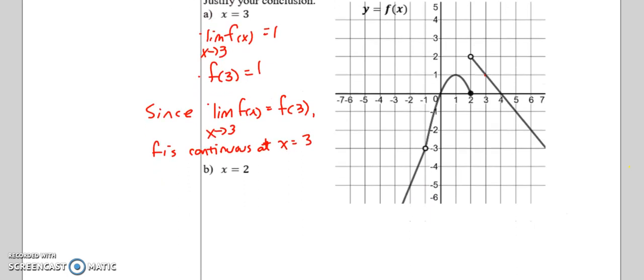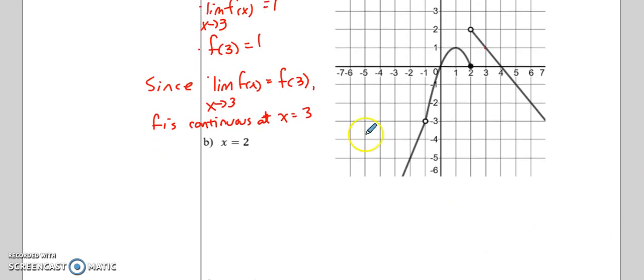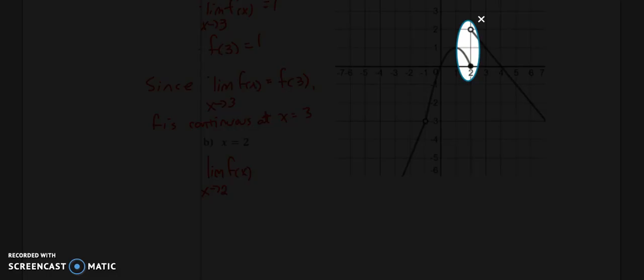So B here, at x equal 2. Again, what I like to look at is the limit as x approaches 2 of f of x, as we zoom in here. The function value doesn't approach one particular number.